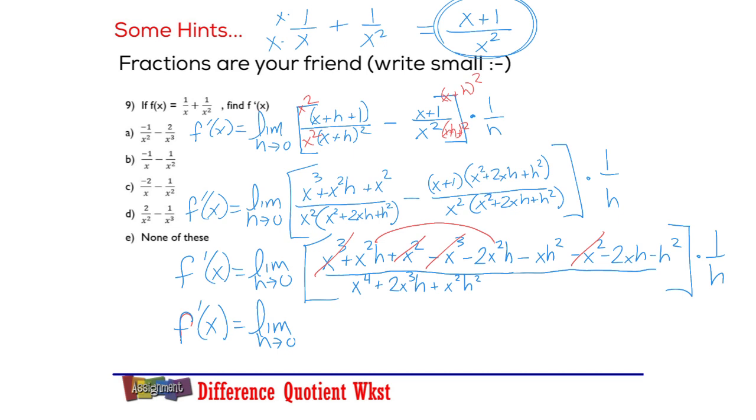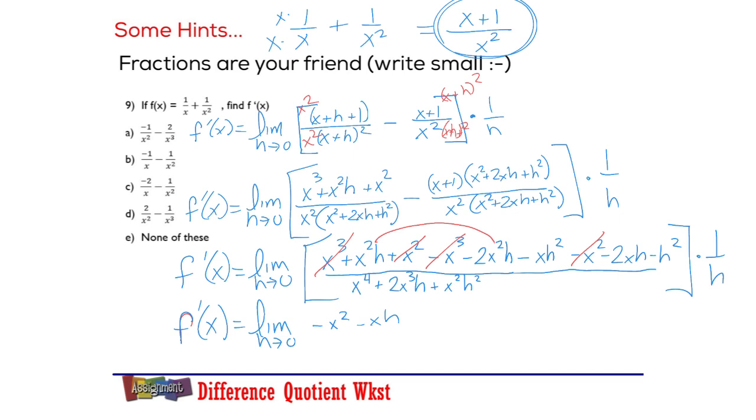Okay, so here's what I've got. This and this are going to get me a negative x squared h, but that h is going to cancel, so it's going to be a negative x squared. Then I have this term. That h is going to reduce, so it's going to be a minus xh.